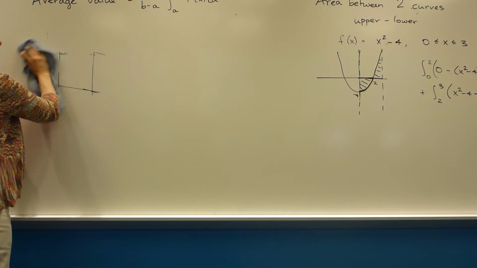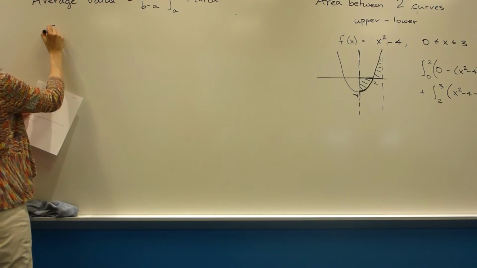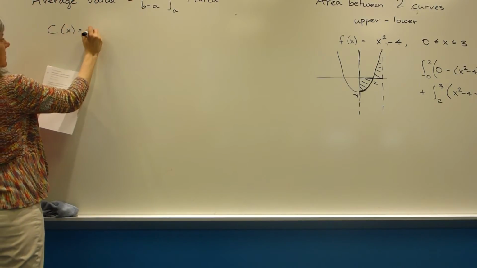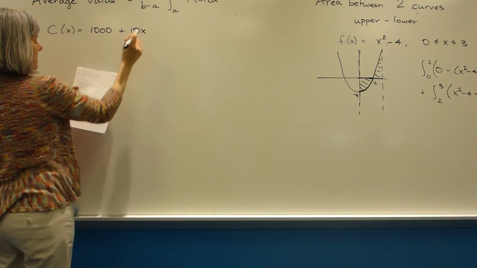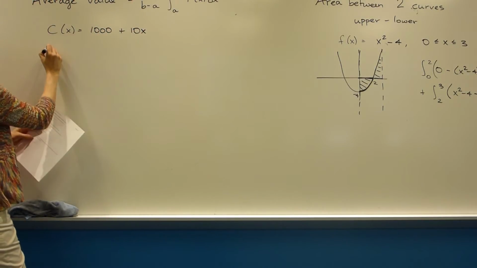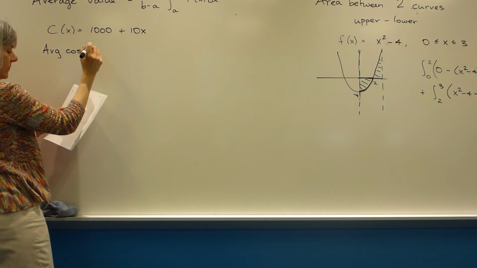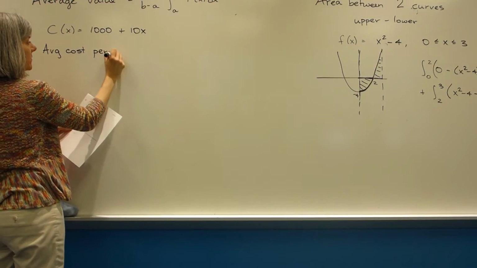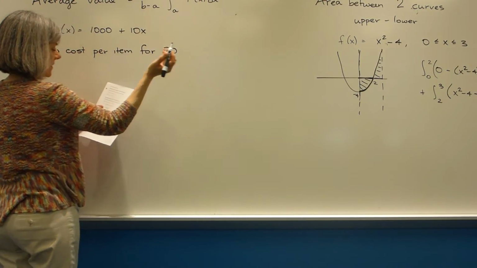All right, so let's look at this particular problem. This cost is the one that's kind of interesting. So let's look at a cost function, 1,000 plus 10x. I want you to find a couple of things. First, the average cost per item for 20 of whatever these are.